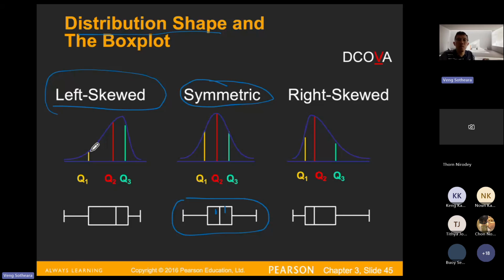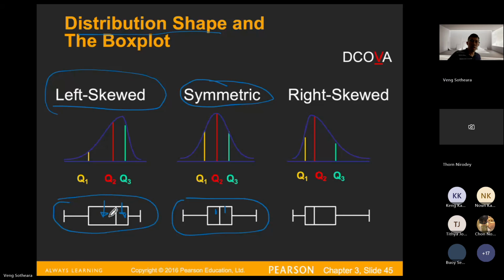In other words, it is more concentrated on the right. So if our data set is left skew, this would be the shape of the box plot. Okay, look at the two rooms. This room is larger. This room is smaller.